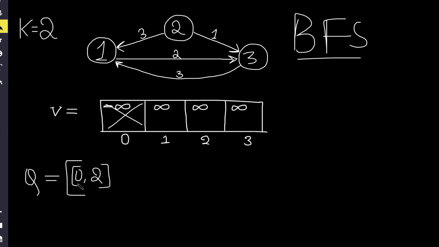We are keeping the time in the first index because it will be helpful in sorting when we implement Dijkstra's. So now we are keeping the time in this index and the node in this one, and we will also update our visited array for the value 2 with 0, since 0 is smaller than infinity.